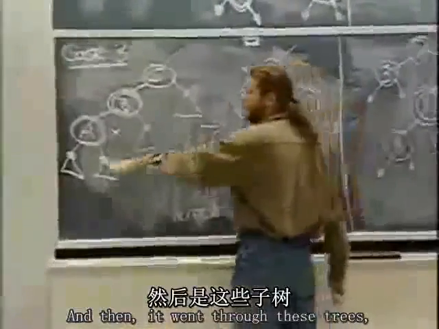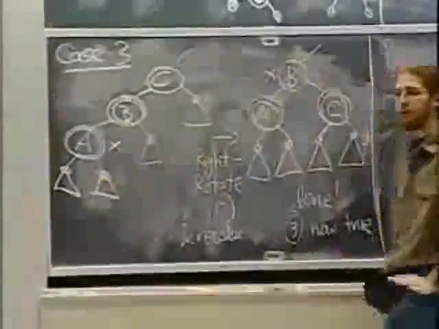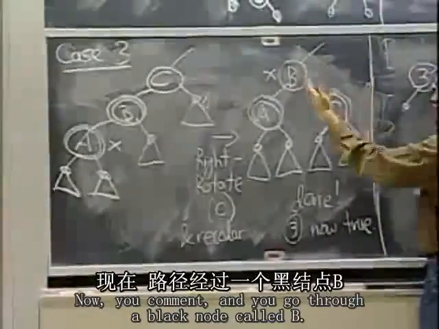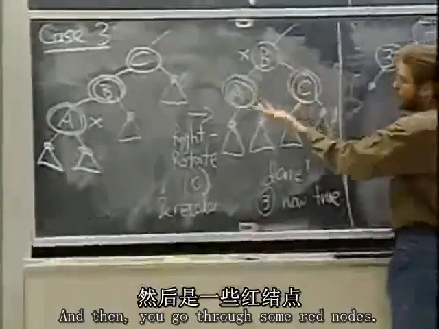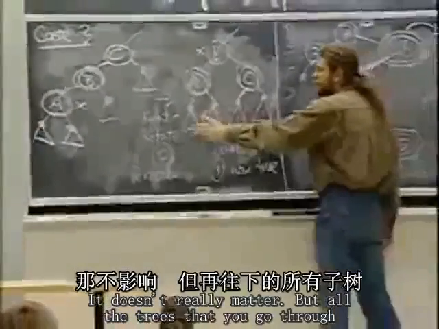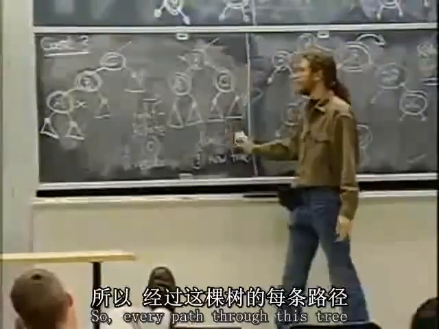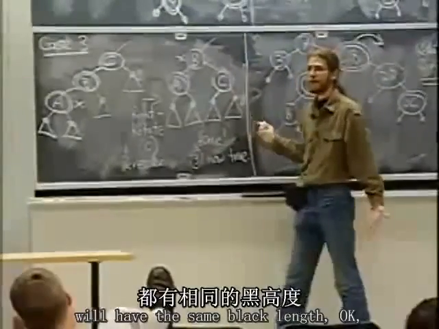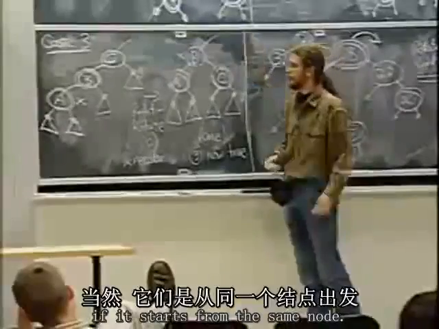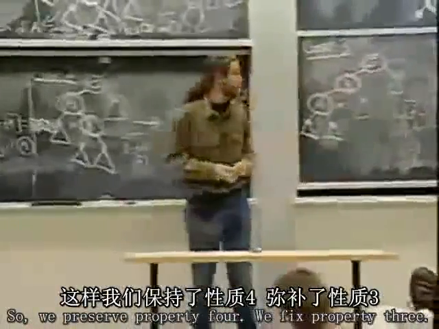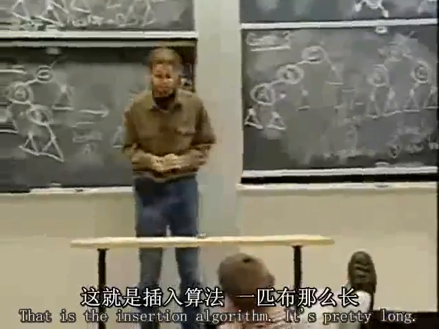And then it went through these trees, which all have the same black height, so they're all the same. Now, you come in and you go through a black node called B, and then you go through some red nodes, doesn't really matter, but all the trees that you go through down here have the same black height, so every path through this tree will have the same black length, if it starts from the same node. So we preserve property 4, we fix property 3. That is the insertion algorithm.